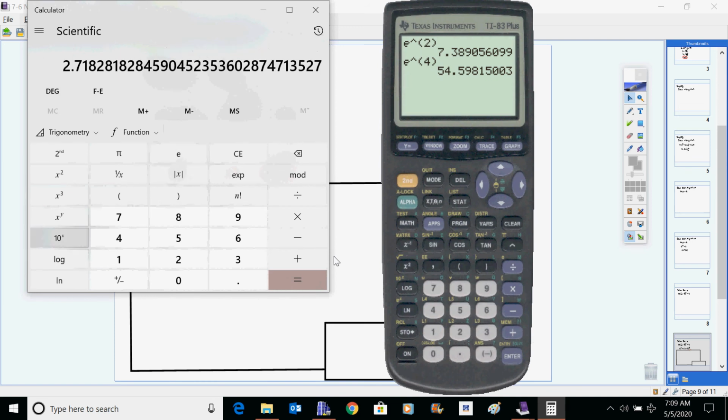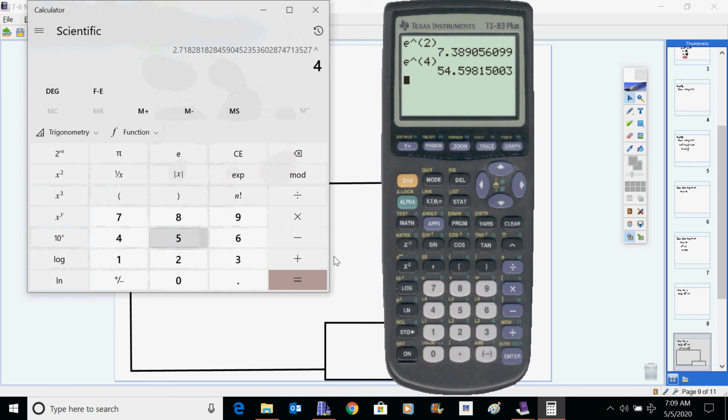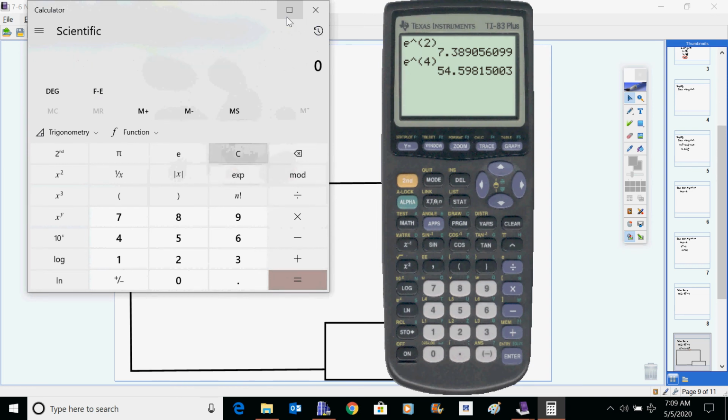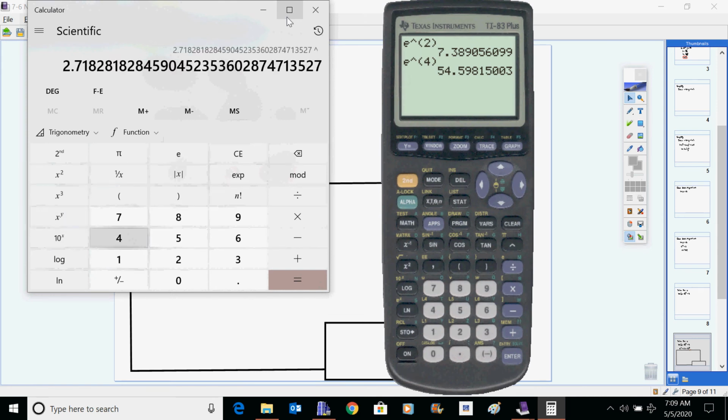All right, if we do this calculator, e to the fourth power. But see here, if you hit equals too many times, it ends up messing you up. So you've got to be careful to learn how your calculator works. I want e to the fourth power.